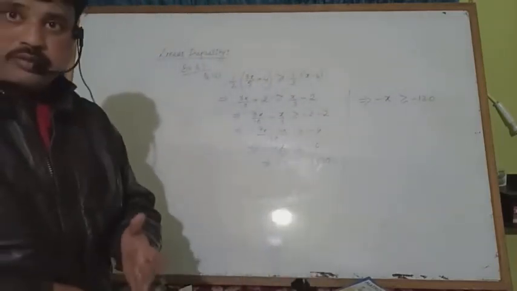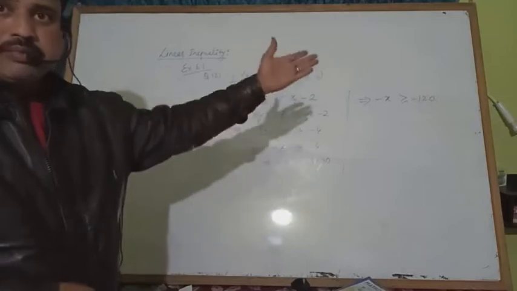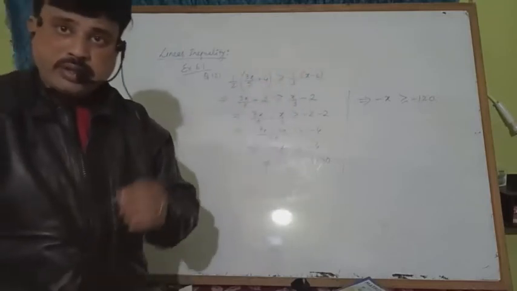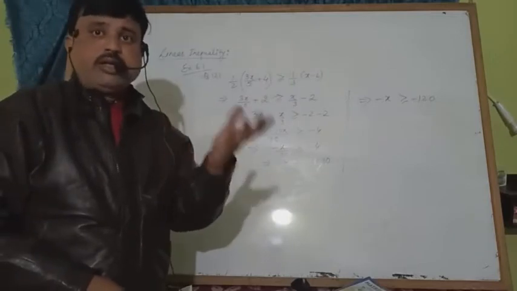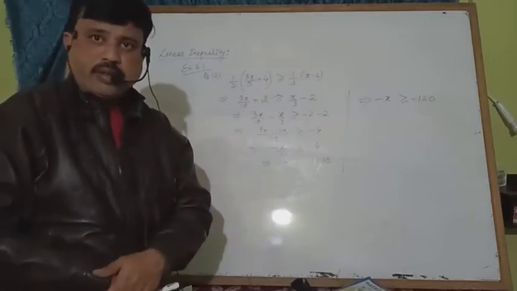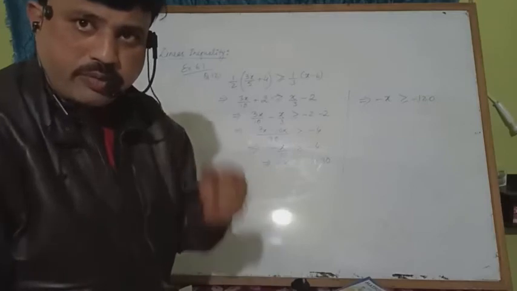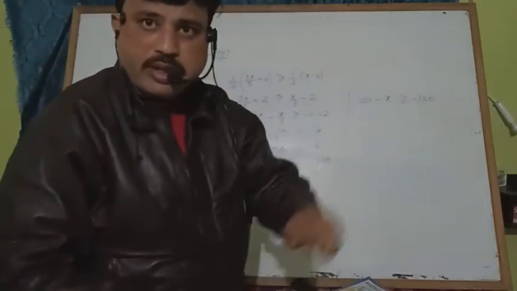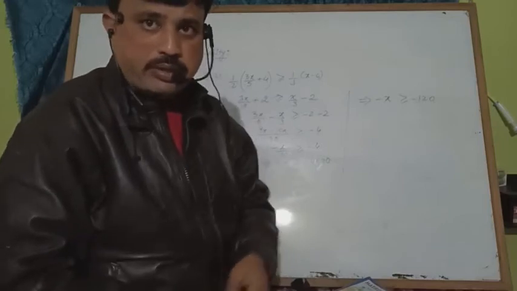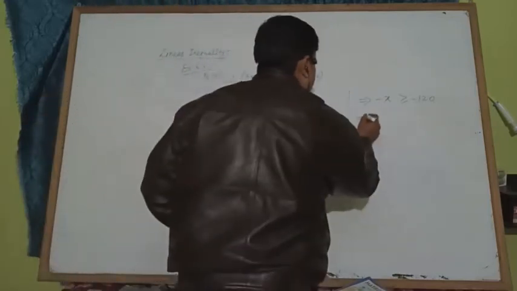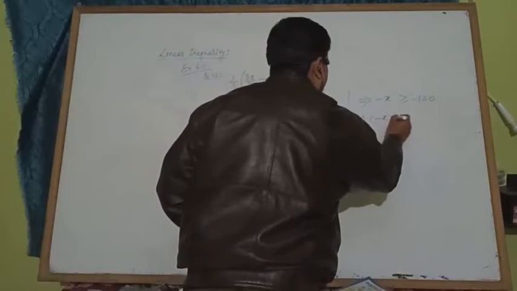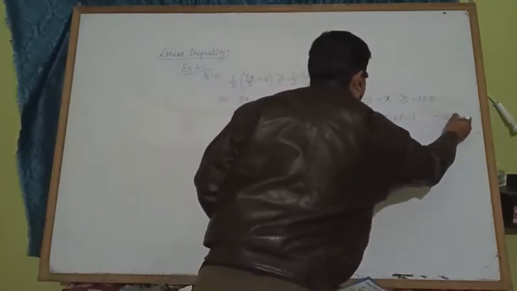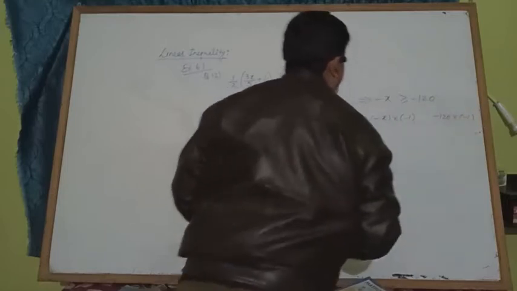Now what you have to do? You have to find the value of x. That means this minus you have to remove. In an equality or inequality, you cannot just remove a sign. Actually we multiply both sides with minus 1. So this minus x is multiplied with minus 1 and this minus 120 is also multiplied with minus 1.